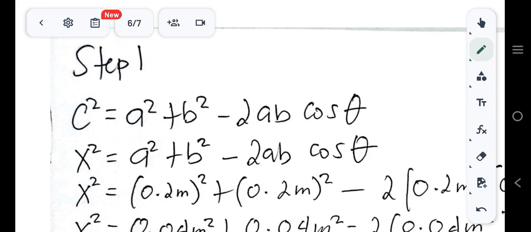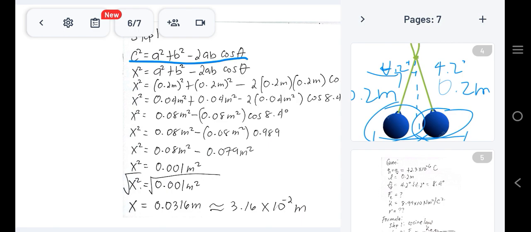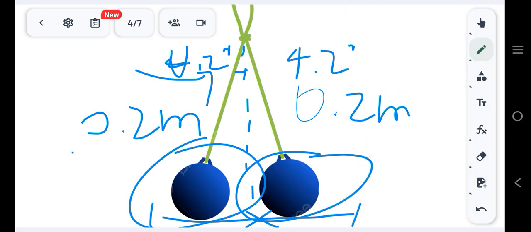Again, we are using this cosine law if we want to find the length of a side in a triangle when the lengths of the other sides and the included angle are known. We know the angle, which is 8.4 degrees in total, and each side of the triangle from the image of the lato-lato is 0.2 meters.